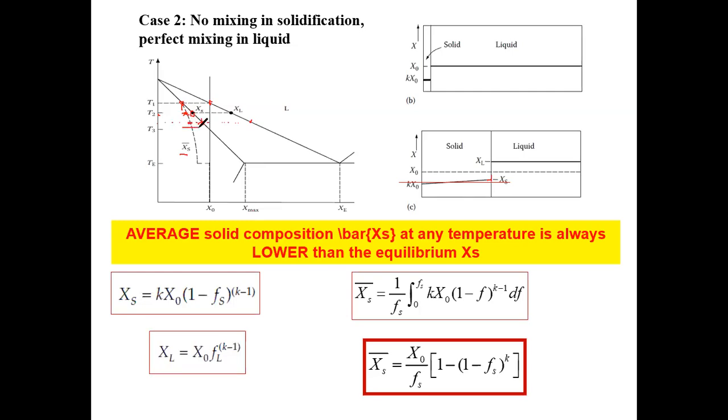We call this the non-equilibrium phase diagram, in the sense that the average composition in the solid is now lower than what is predicted by the equilibrium value. If you look at the evolution of the system on the phase diagram, the solidus is now along this line, not along the original solidus on the phase diagram.